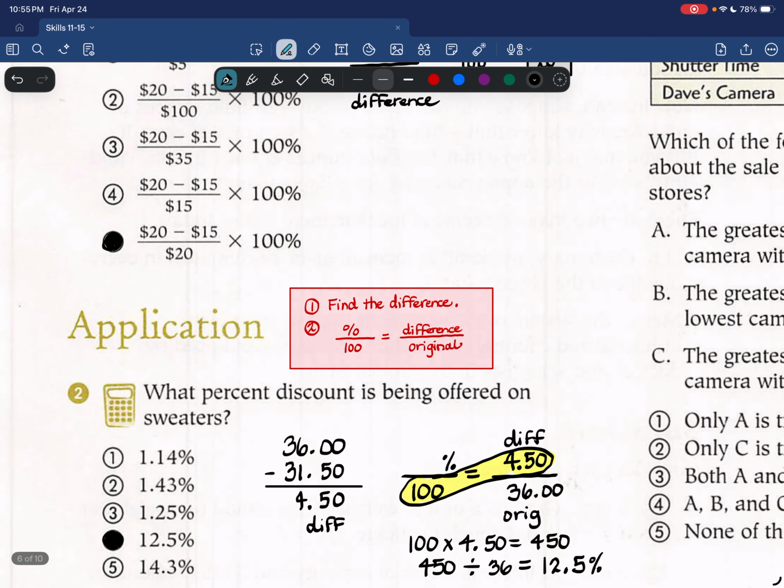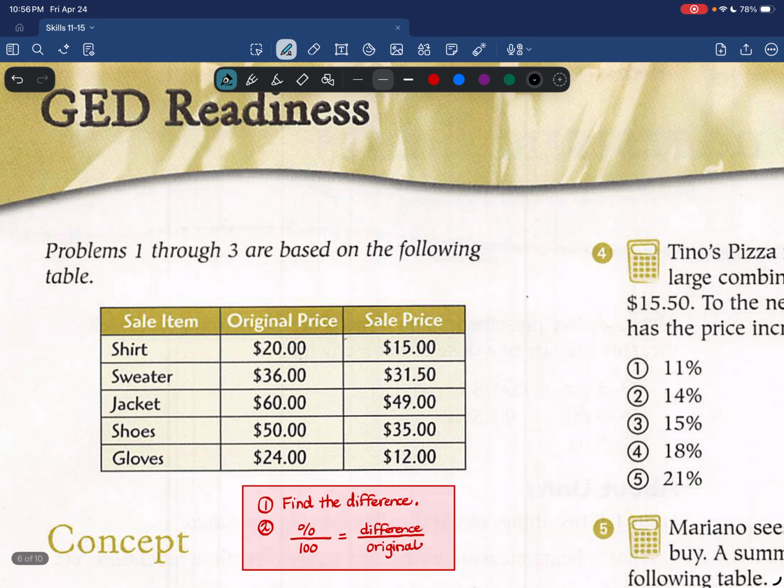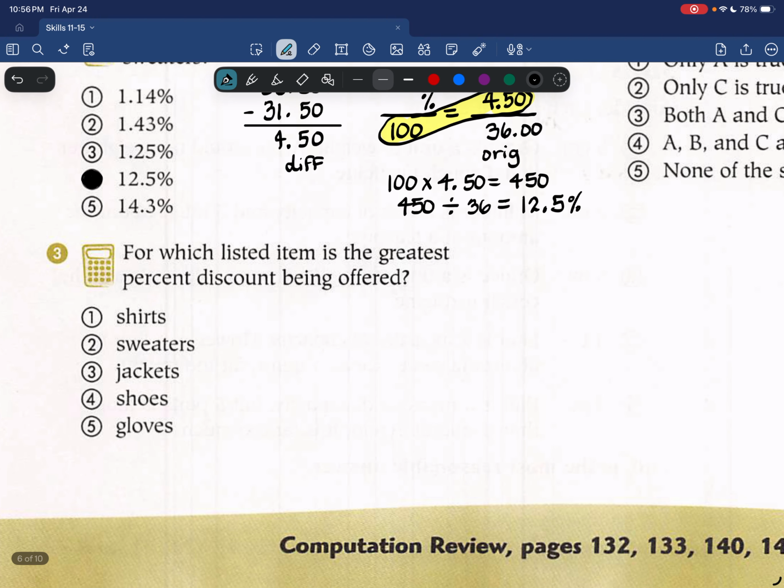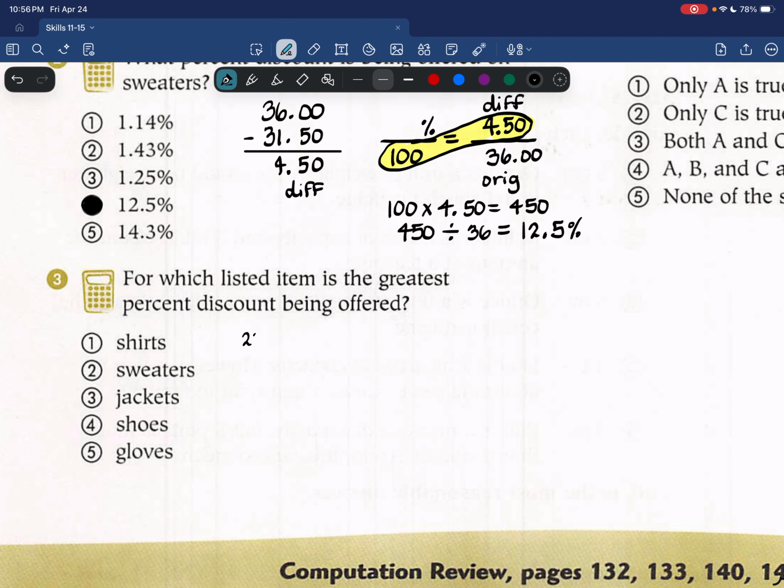For shirts, we have 20 and 15. So 20 minus 15 is $5. And we set up our proportion of percent of 5 over the original, and then we do the math.